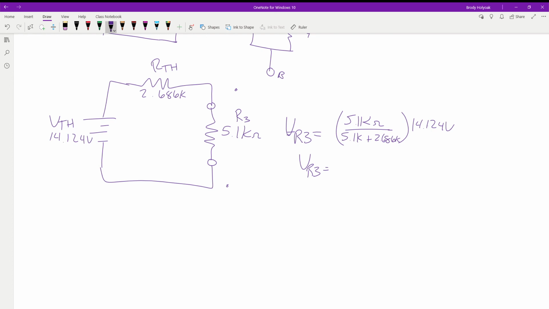Okay, so you should have 3/4 of this, so that would be 7, so about 10 volts. Just kind of a rough ballpark. It's going to be about 10 volts. So what is our actual value? 9.351? Yeah, like I said, ballpark.